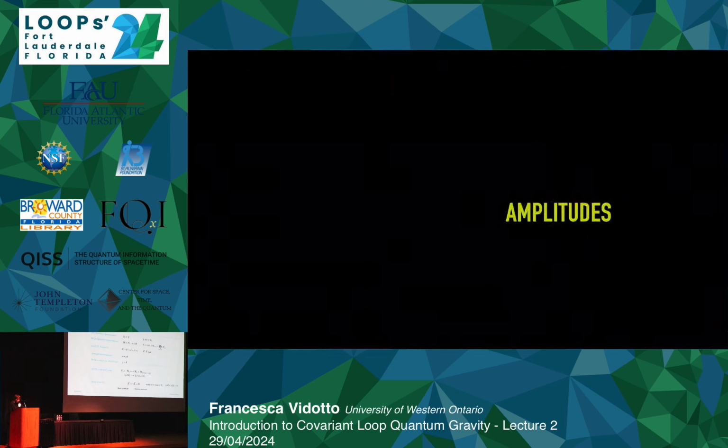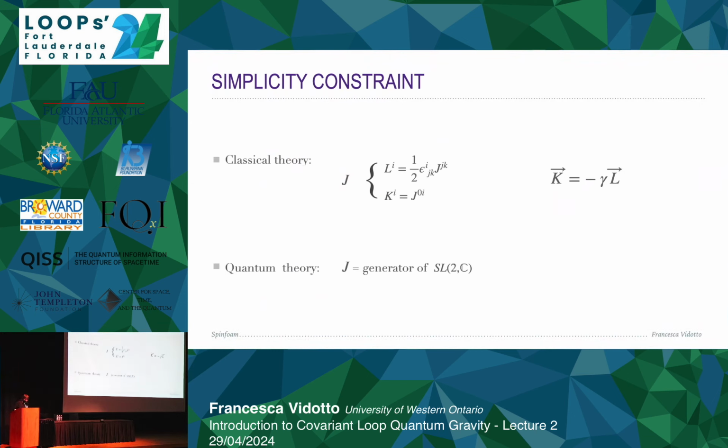So the analog of the electric and magnetic fields are the L that I can call the electric component, in which you see that I have only spatial indices. And then another component that is K, let's call it the magnetic part, in which I mix the spatial indices, indicated with i, with the time index that is, of course, indicated with 0.